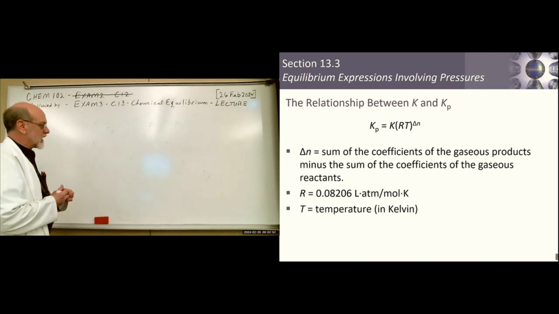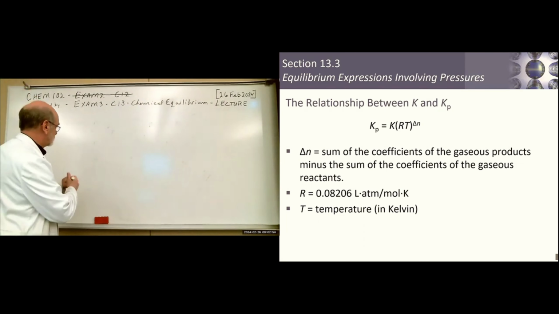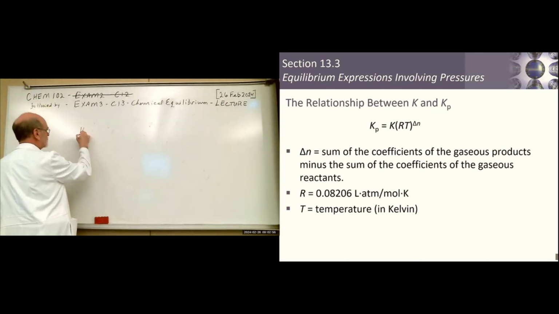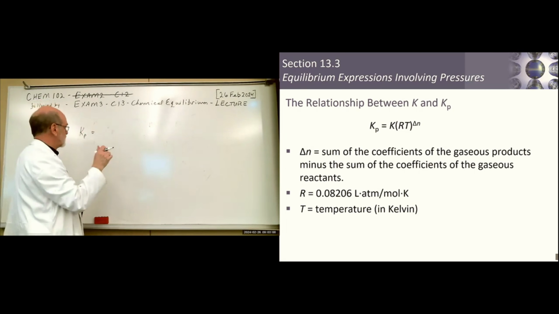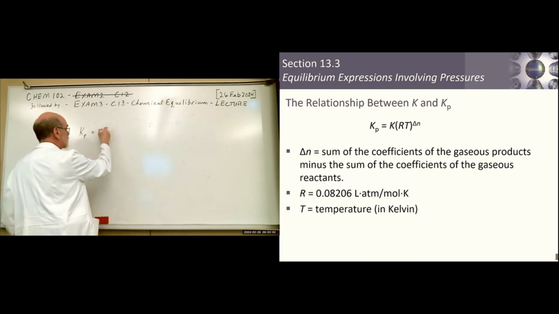If we know Kp in this case, and we want to determine the Keq, what we need is this equation right there. So this would be in terms of molarity, and this would be in terms of atmospheres.